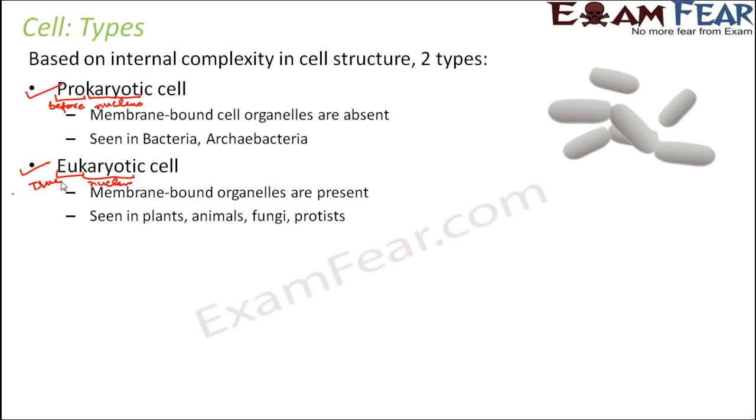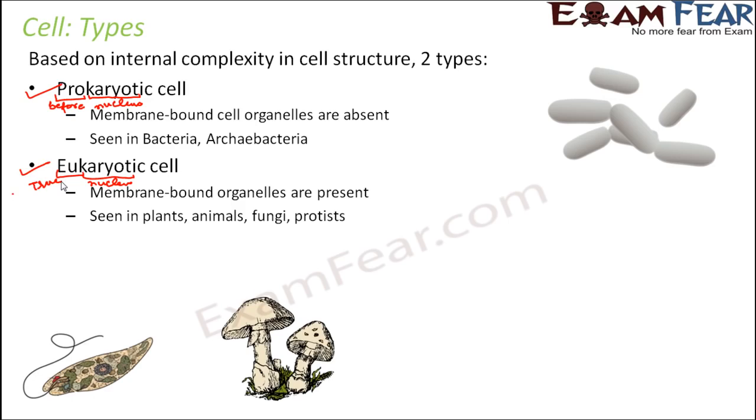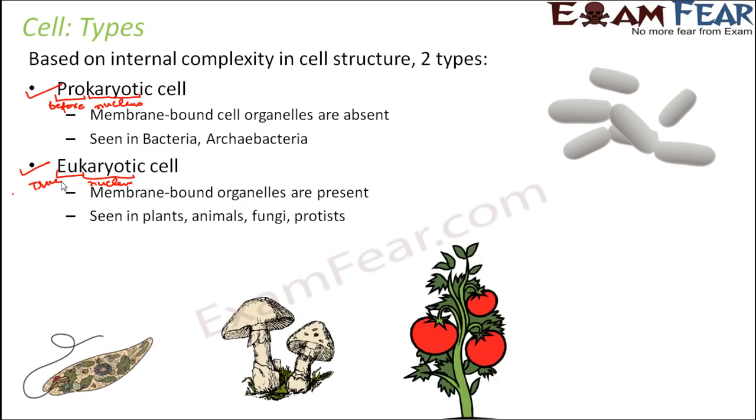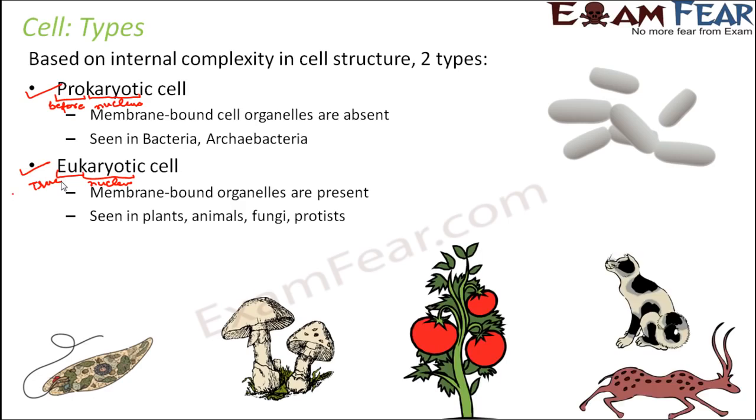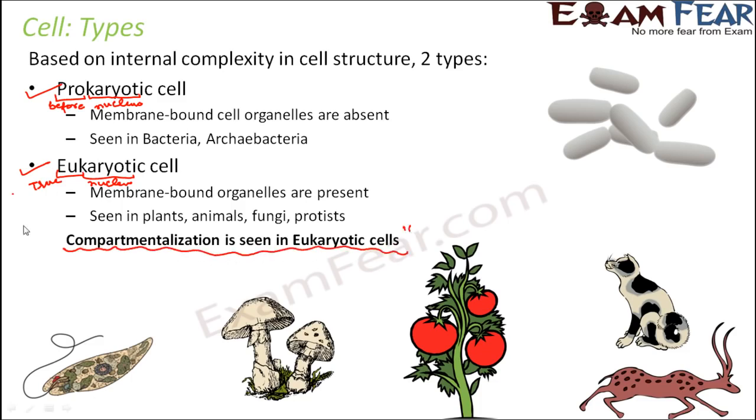We'll deal with the prokaryotic cell towards the end of the lesson. Here I have shown the pictures of some of the Protista, fungi, plantae and animalia, just to remind you in case you have forgotten what they were. One important point to be noted here is that compartmentalization is seen in eukaryotic cells and it is not seen in prokaryotic cells.